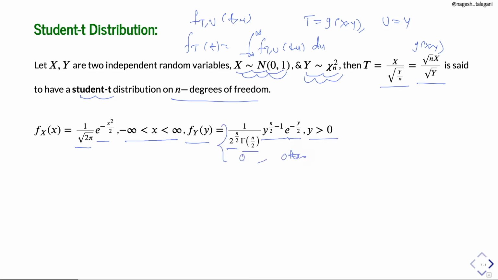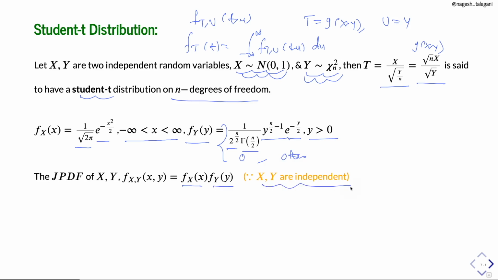Okay, this is the PDF of Y. Now the joint PDF of X, Y is going to be the PDF of X times the PDF of Y, since X and Y are independent.